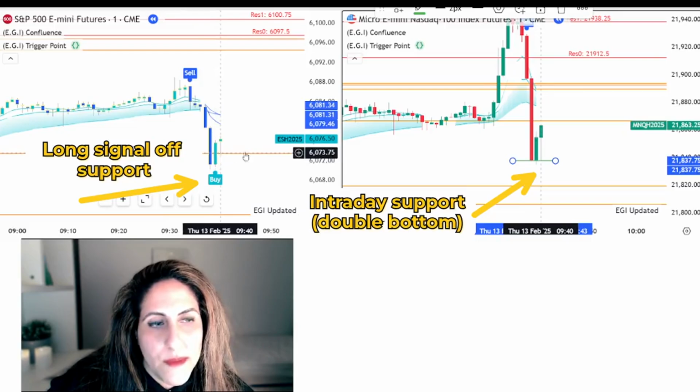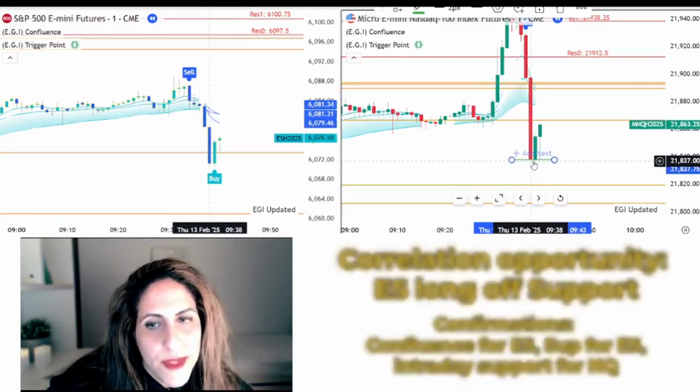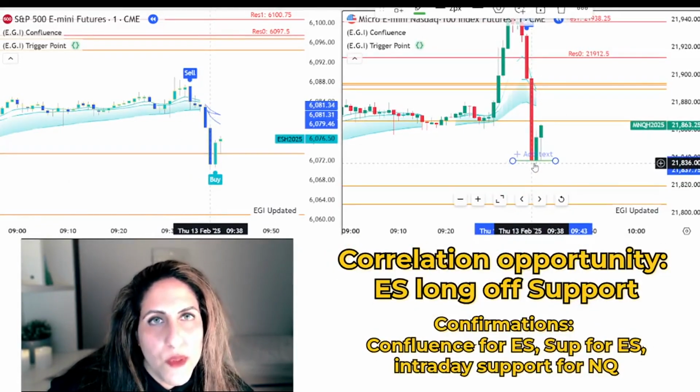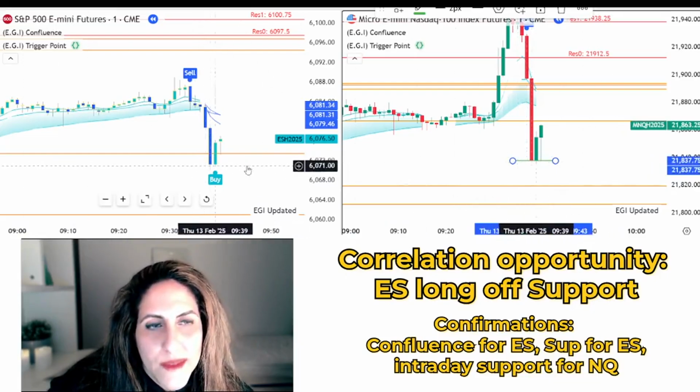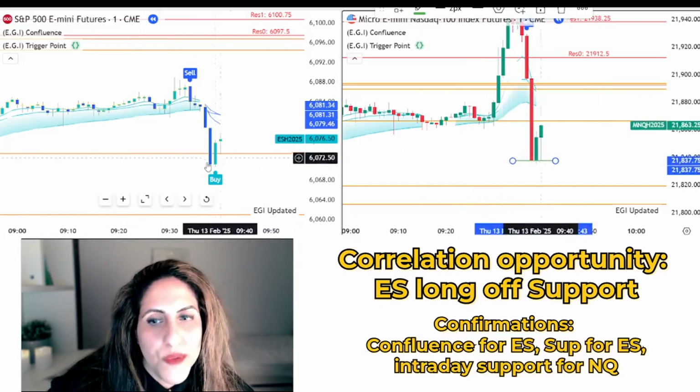Retest. Okay, so NQ created an intraday support, then retest of this support by the time ES retested its support. So the buy signal here and the double bottom here indicate that there's a strong support here. Now, it happened a few minutes after the market opened, meaning we identify the reaction of the markets relative to a support level, indicating that the buyers are taking control.